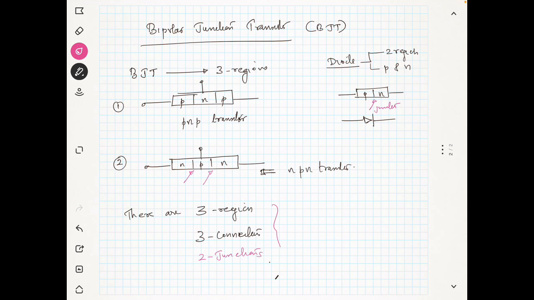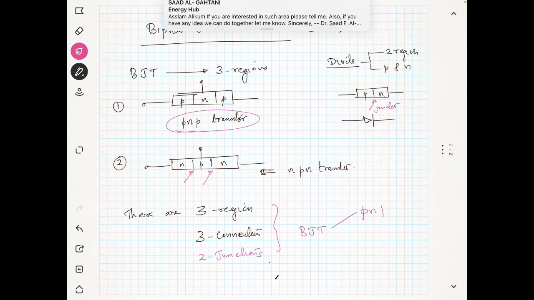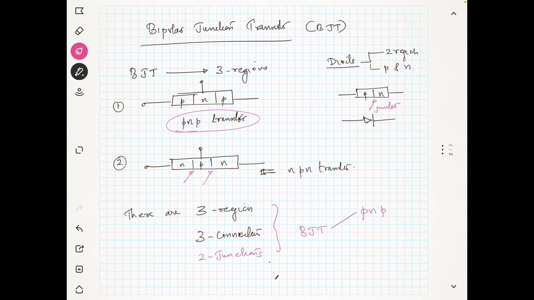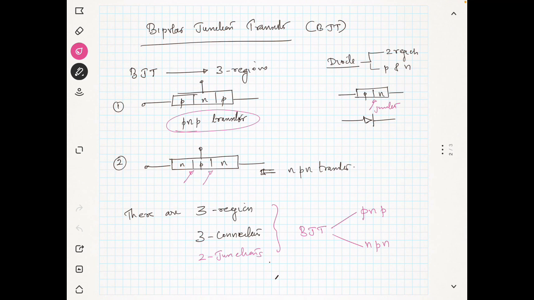This is the basic configuration of a BJT. Since two configurations are possible, we have two types of BJTs, PNP and NPN transistors.